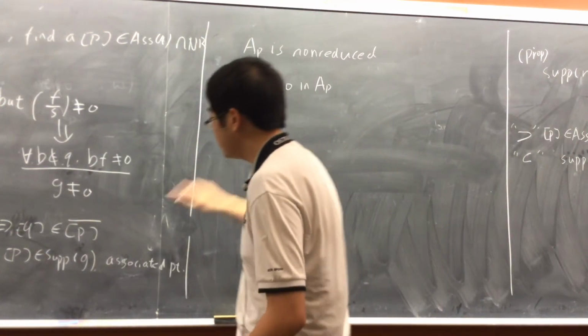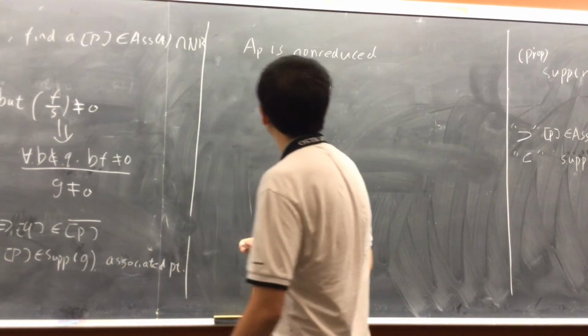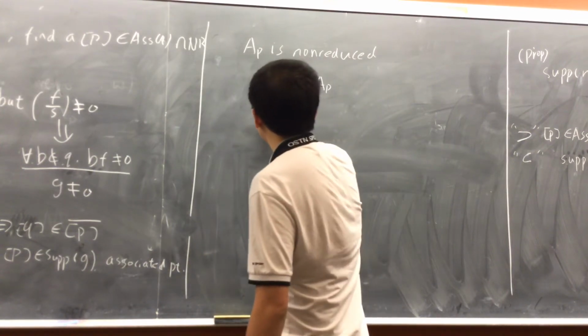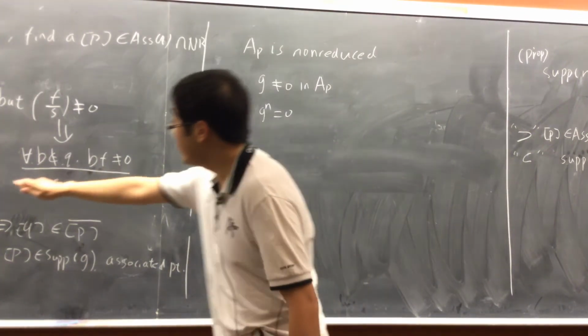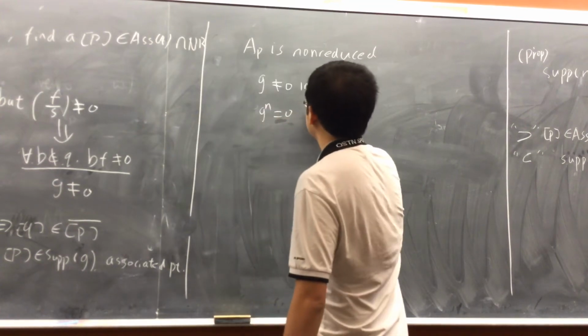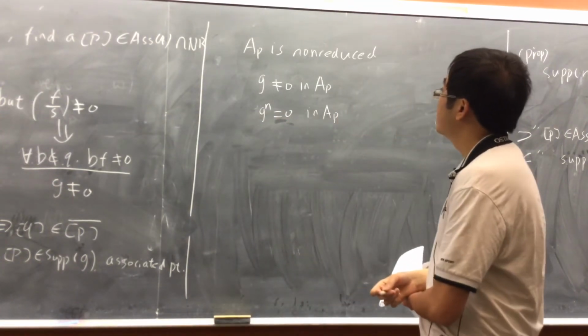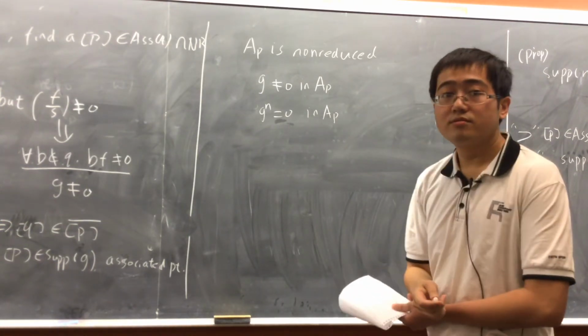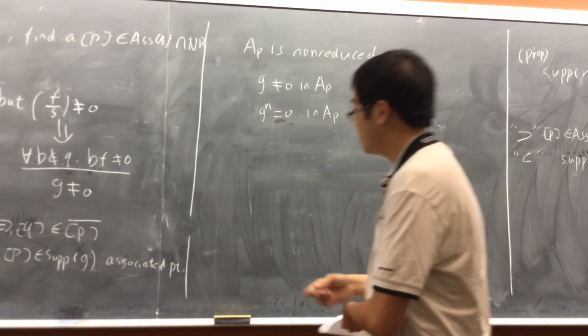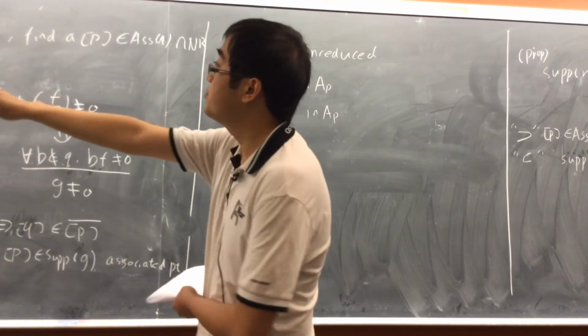That is because P is in the support of G. And then G to the power N is 0 in A, so it is also 0 in AP. So that means AP is non-reduced. Okay, so this will finish that proof.